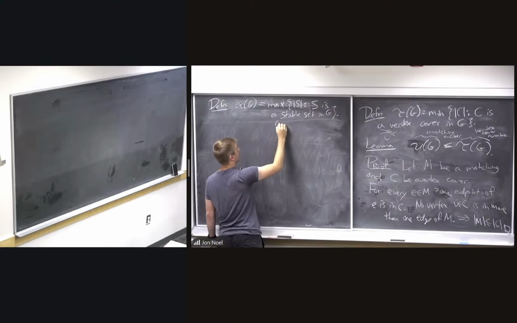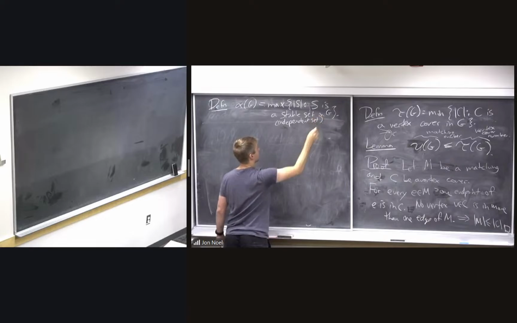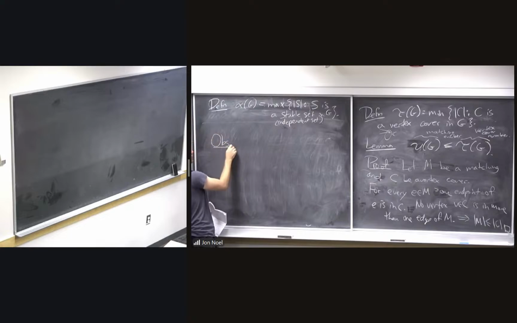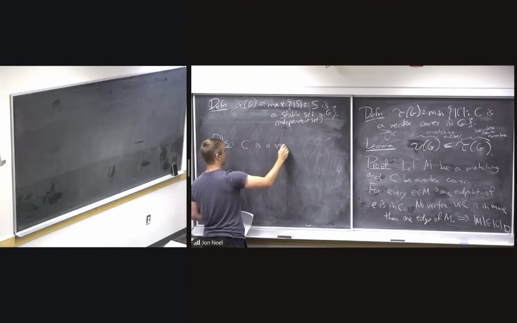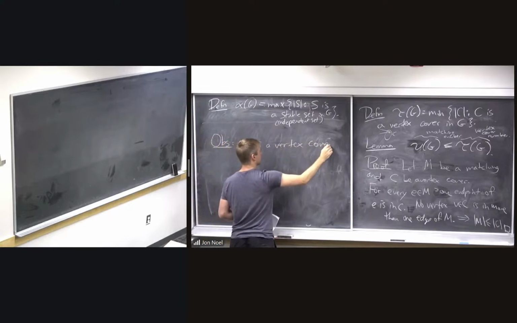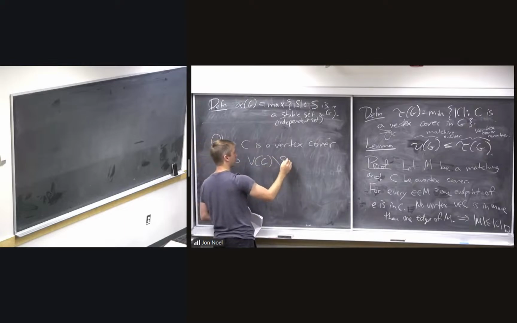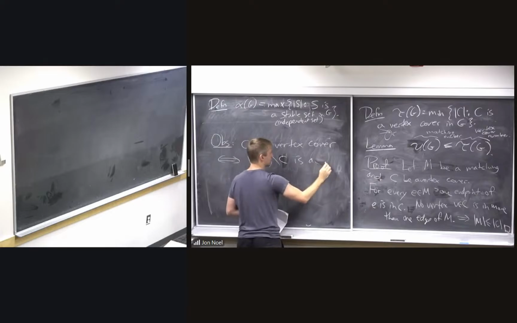Other terminology that might be more familiar is independent set. A simple observation is that C is a vertex cover if and only if the complement of C is a stable set.